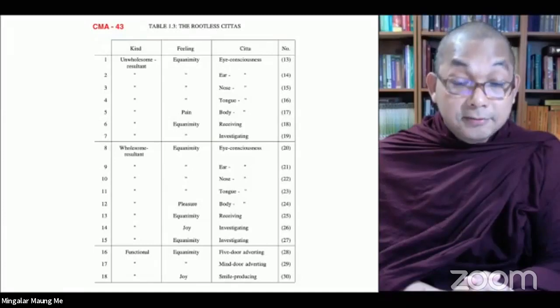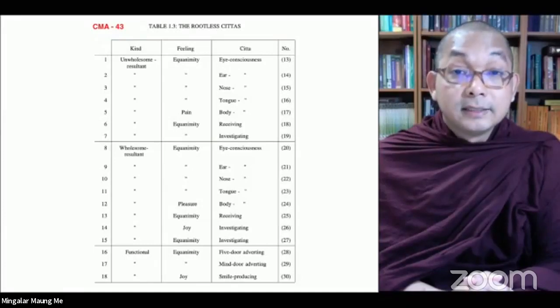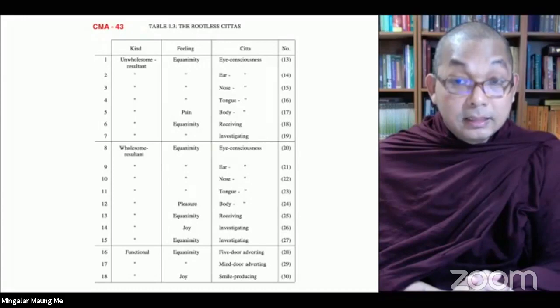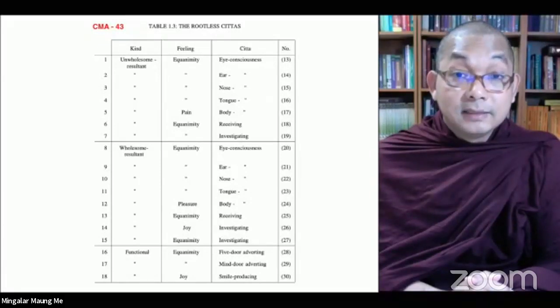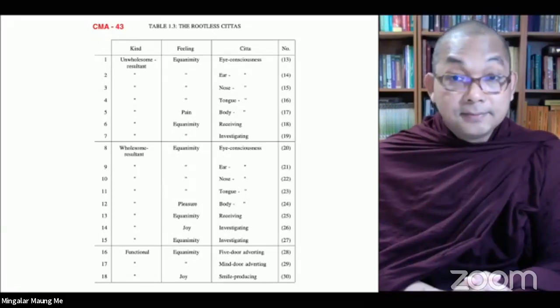And you have to receive and investigate. These are the 7 akusala vipaka cetas. Regarding the feeling, there is only one painful feeling; the rest are equanimity.